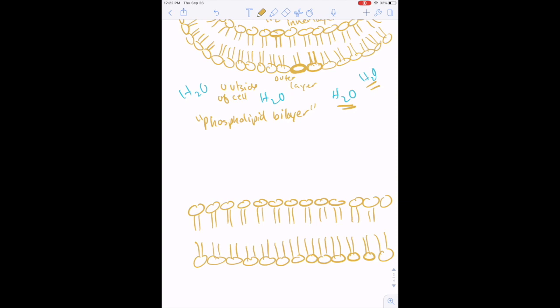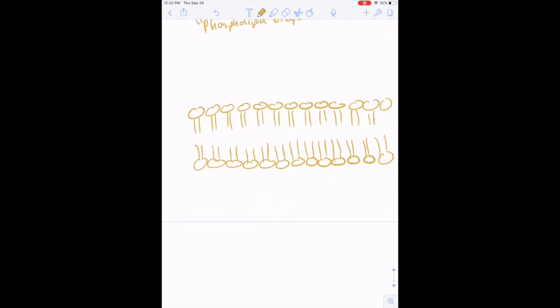Spam. Anywho, we have a phospholipid bilayer right here. This whole thing is called a fluid mosaic. A mosaic in the art world is like a portrait or a piece of art that is made by putting together tons of tiny little pieces. So like a mosaic tile piece of art.